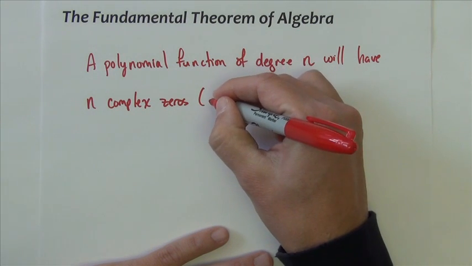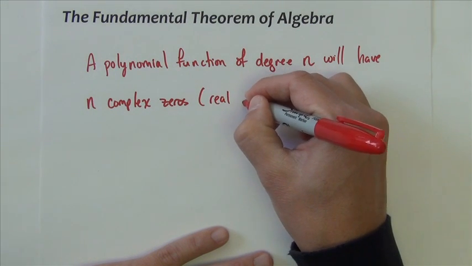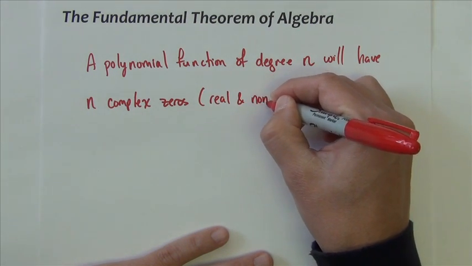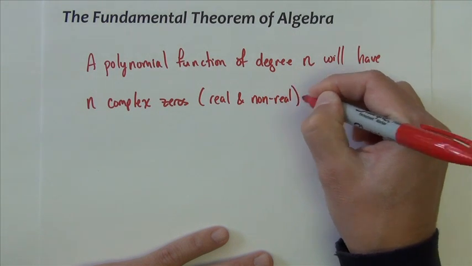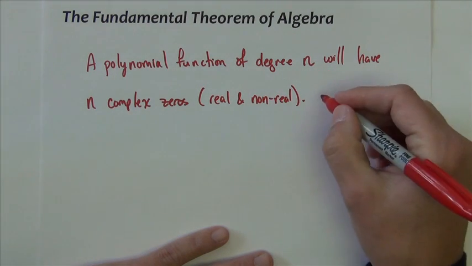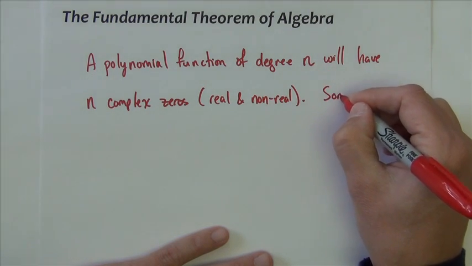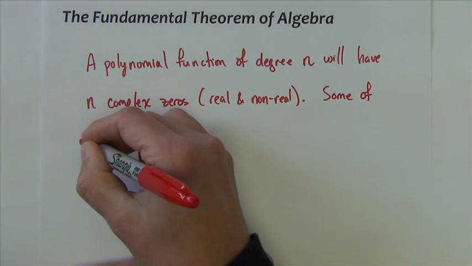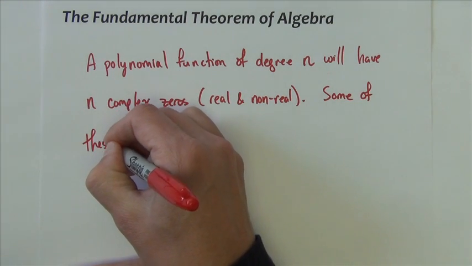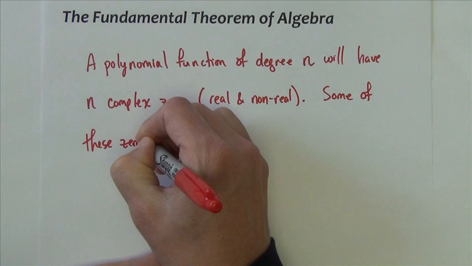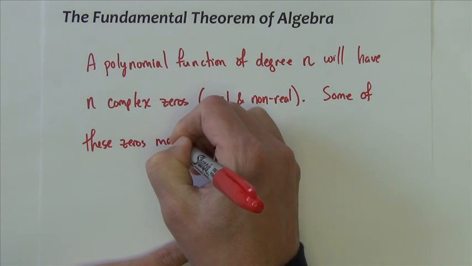Complex zeros are, of course, real and non-real zeros. Okay. I'll also add this. Some of these zeros may be repeated.